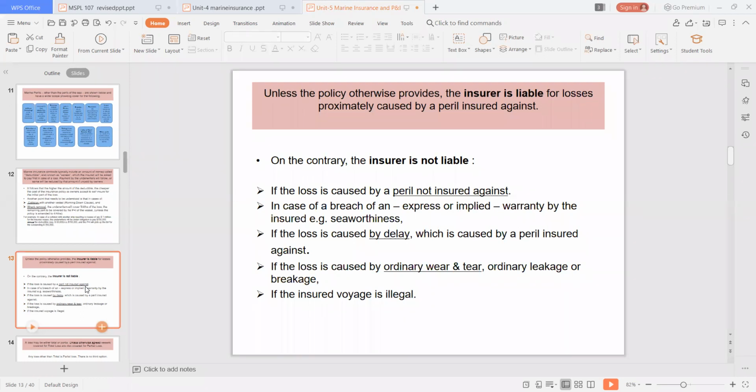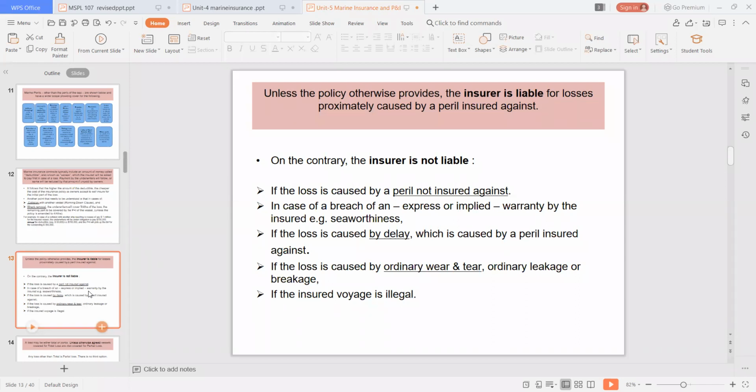In case of breach of an express or implied warranty by the insured, for example seaworthiness, if the loss is caused by delay, even if caused by a peril insured against, if the loss is caused by ordinary wear and tear, ordinary leakage or breakage, if the insured voyage is illegal.